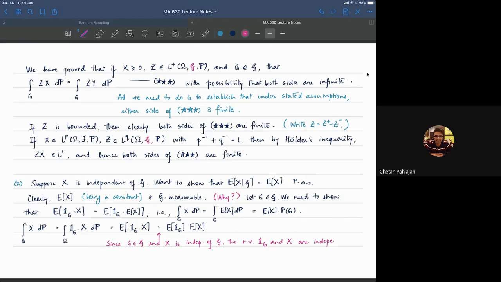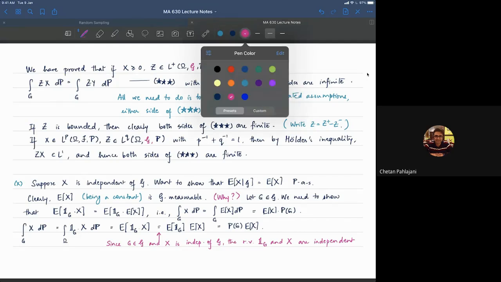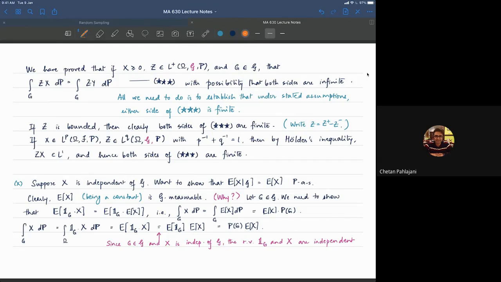And you know that independent means multiply. And so that's what we're doing here. And so of course now what I'll get is P(G) times E[X], which is exactly what I wanted to show, and so I'm done. Okay, any questions so far? Questions?